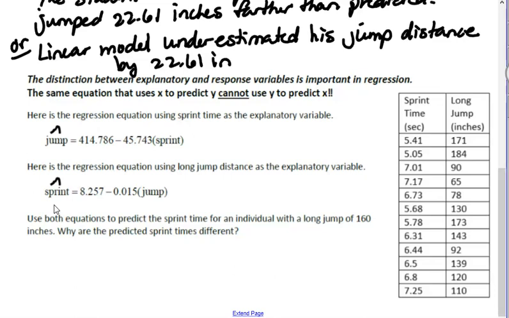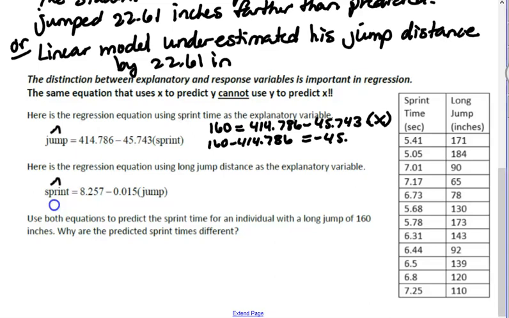So in this case, I would say 160 is equal to 414.786 minus 45.743 times x, and I'm just going to call this x for solving purposes. If I subtract 414.786 from both sides, I get negative 254.786 equals negative 45.743x.